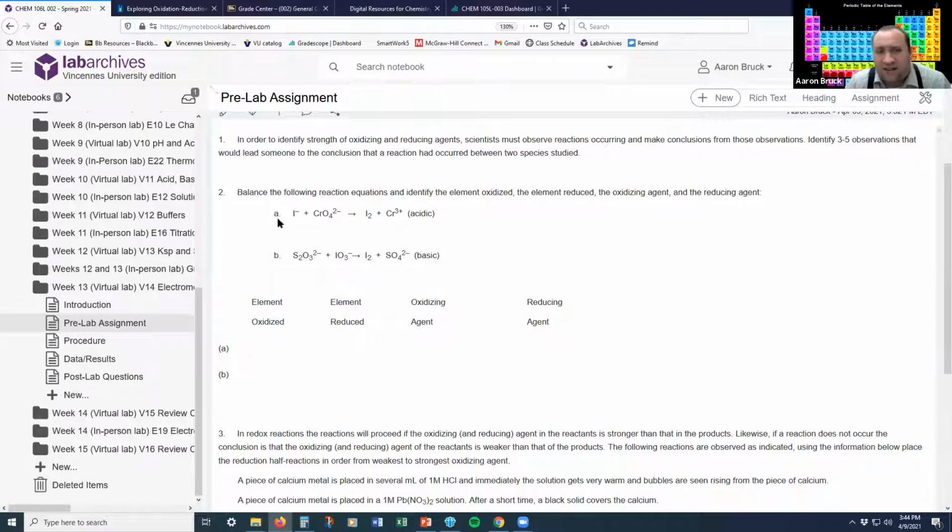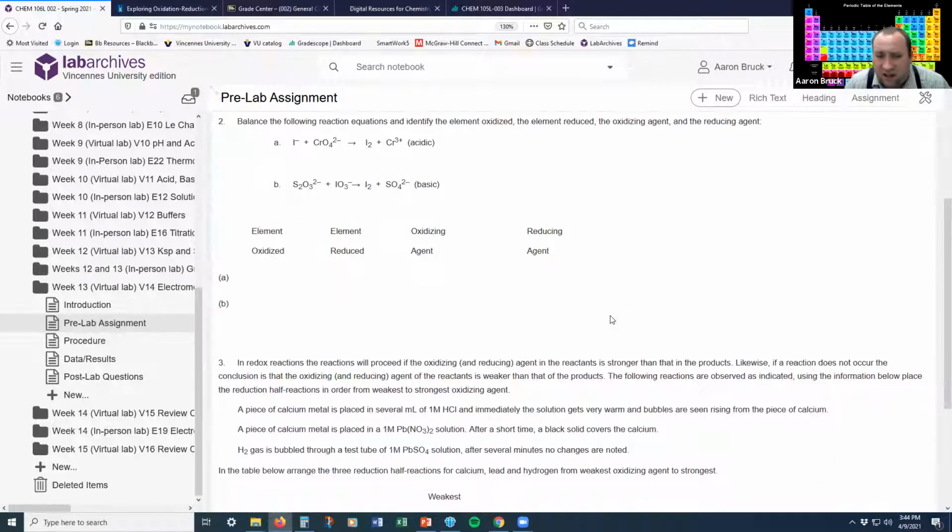Number two asks us to balance these equations and identify what was oxidized, what was reduced, and what the oxidizing and reducing agents are. Again, I'll refer you to those YouTube videos in the description that will help you do that, regardless of what method suits you the best.